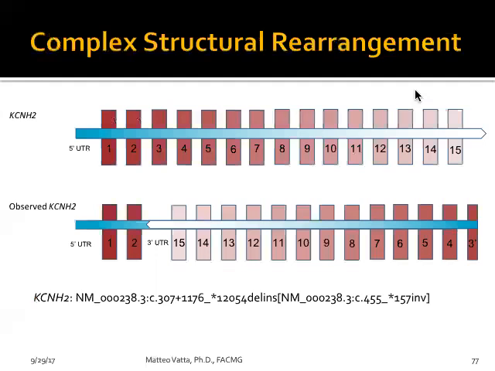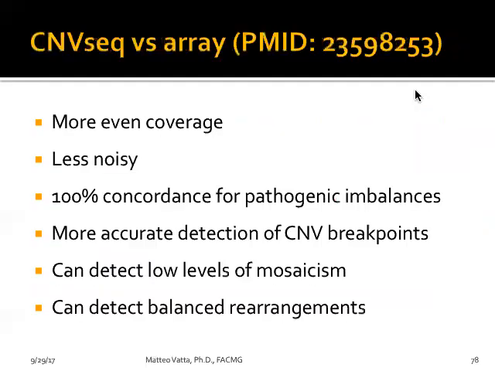Does it make sense? Meaning you have a partial deletion, the remainder was gone and has been reinserted opposite, so it's inverted. It's complicated. This is for cytogenetics. But in any case, this system has been proven to be way more sensitive than the regular microarray.